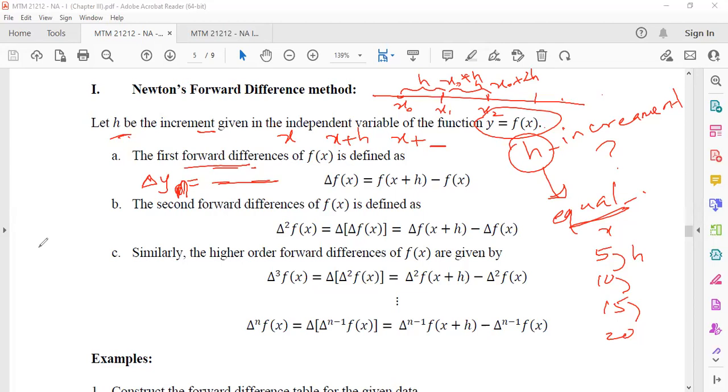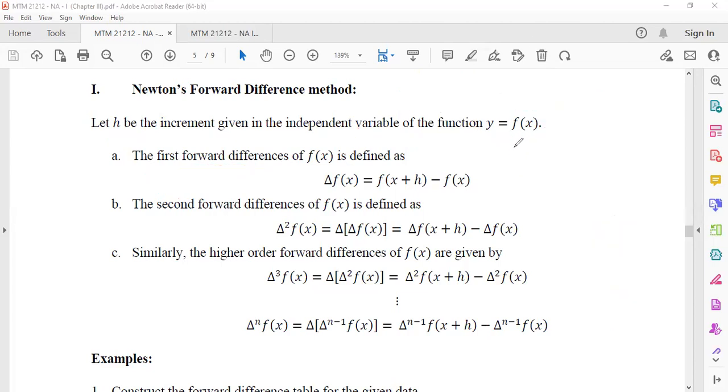So what is the forward difference? For the forward difference, we use delta, isn't it? For the backward, we use nabla. Okay. Delta yn is equal to what? Can you fill this space?